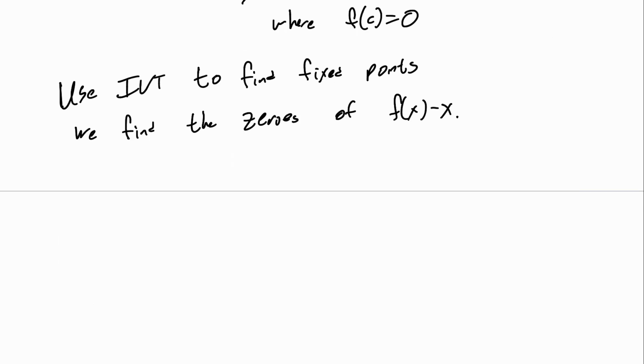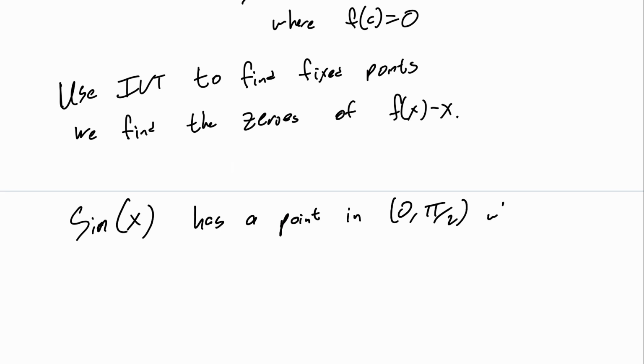If we think back to our very first application of the intermediate value theorem, we showed that the function sine of x has a point in the interval from 0 to pi over 2 where sine of x equals 0.3, but we weren't able to actually figure out where that point is. We were just able to show that that point exists. But with this, you'll be able to use the intermediate value theorem to find zeros and to find fixed points. Thank you very much.